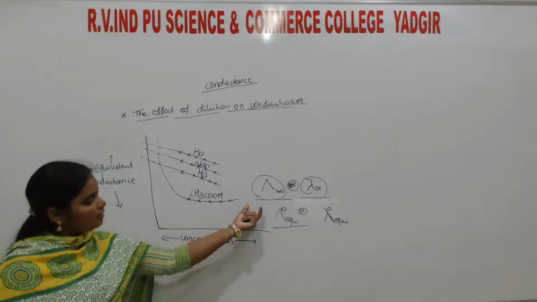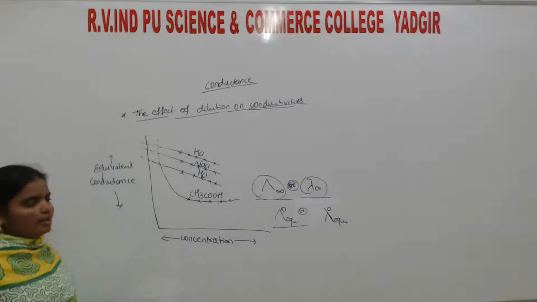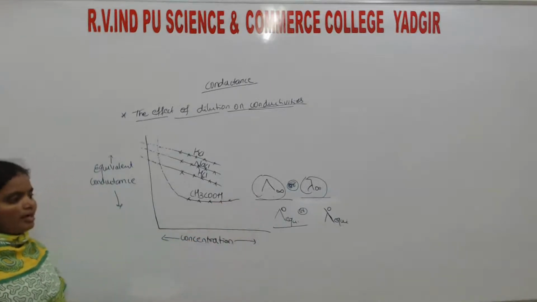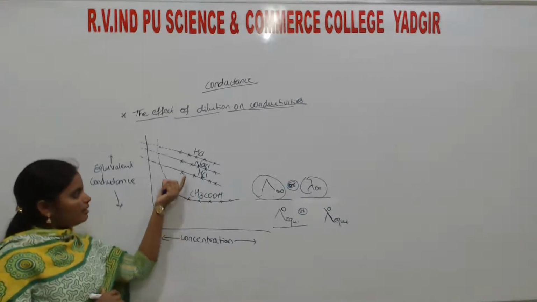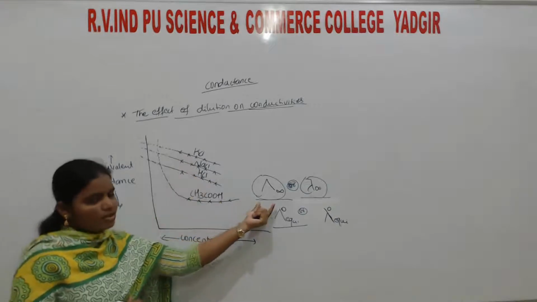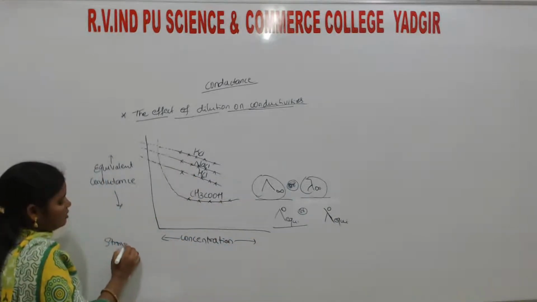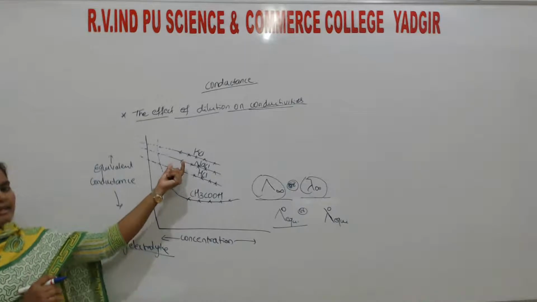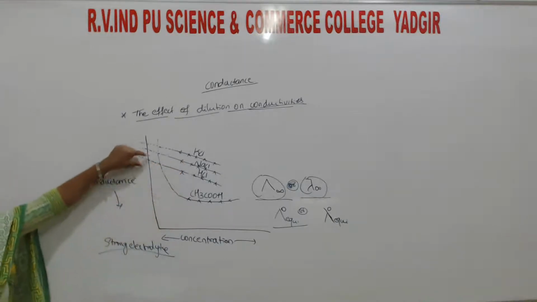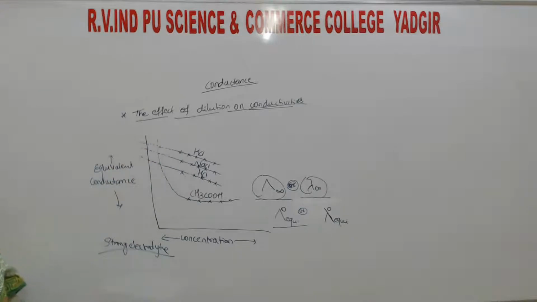The graph for a strong electrolyte is a straight line, and by extrapolating the straight line graph to zero concentration we obtain lambda infinity.